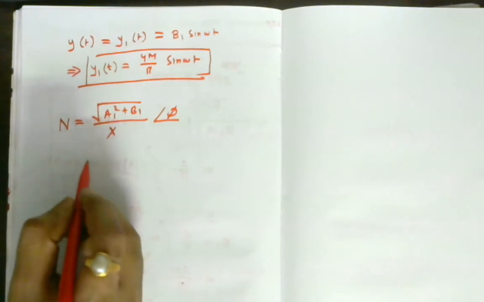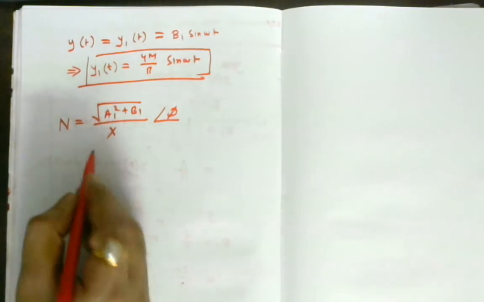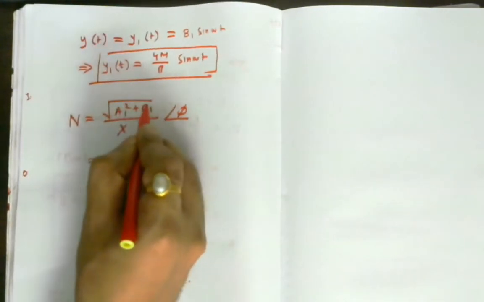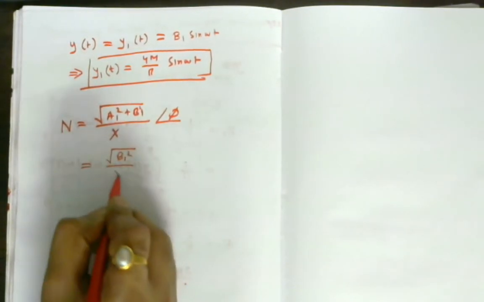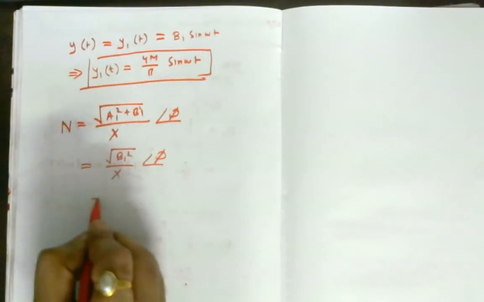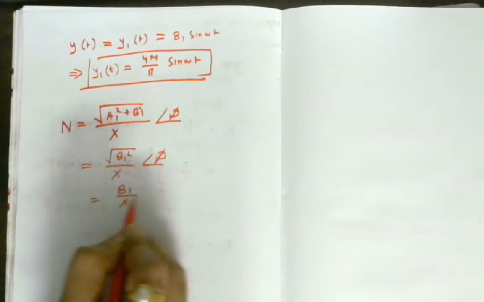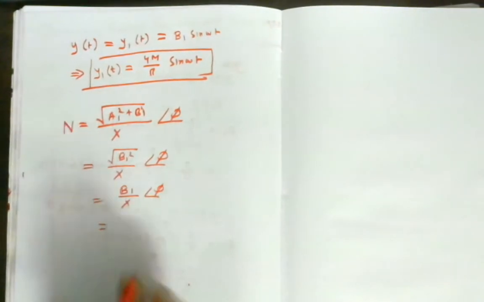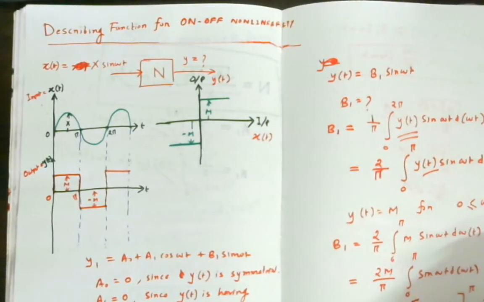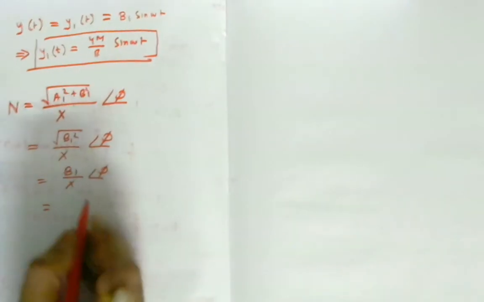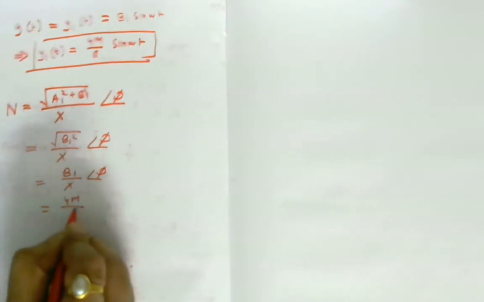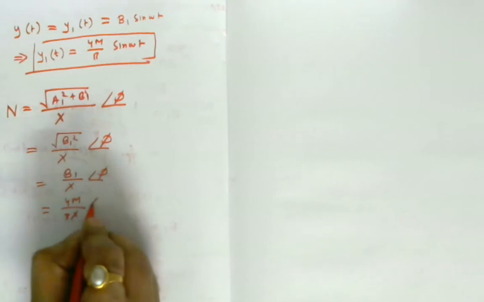Now a1 is not there here, so only b1. So it is b1 by X at the angle of phi. Now b1 is already found, 4m by pi, so it is 4m by pi X at the angle of phi.